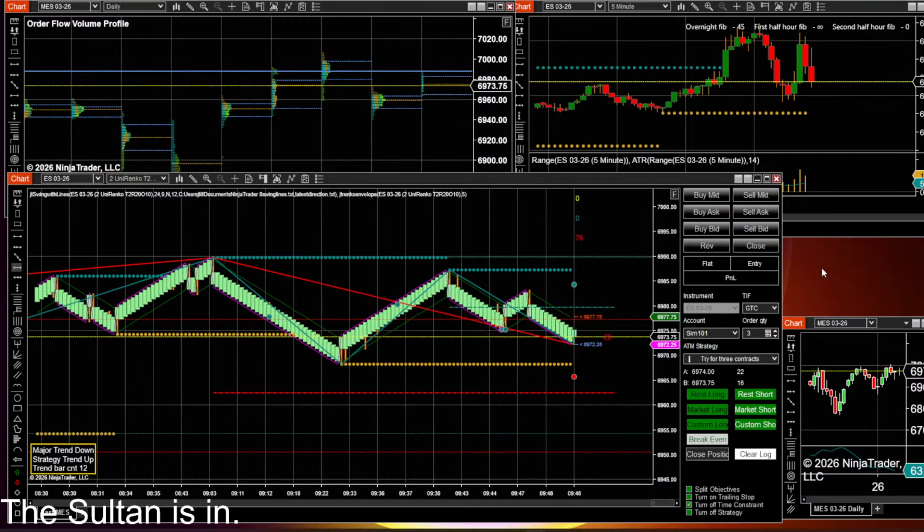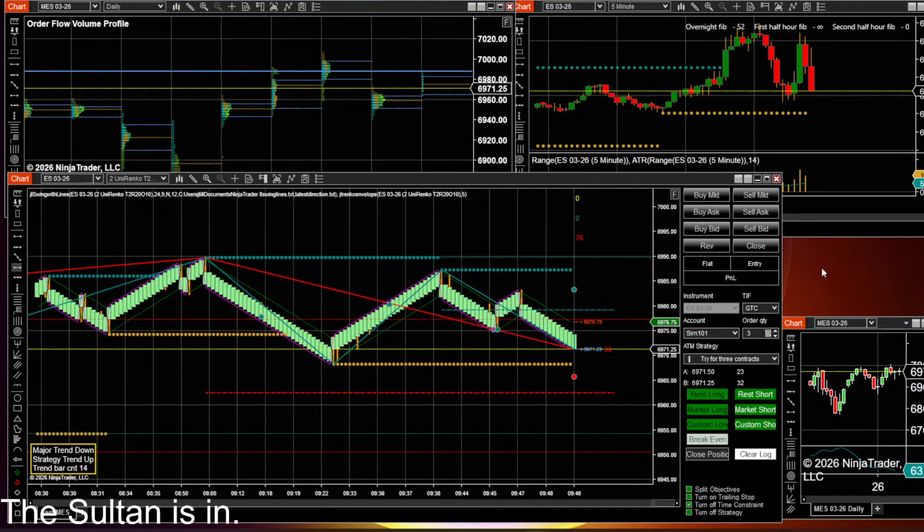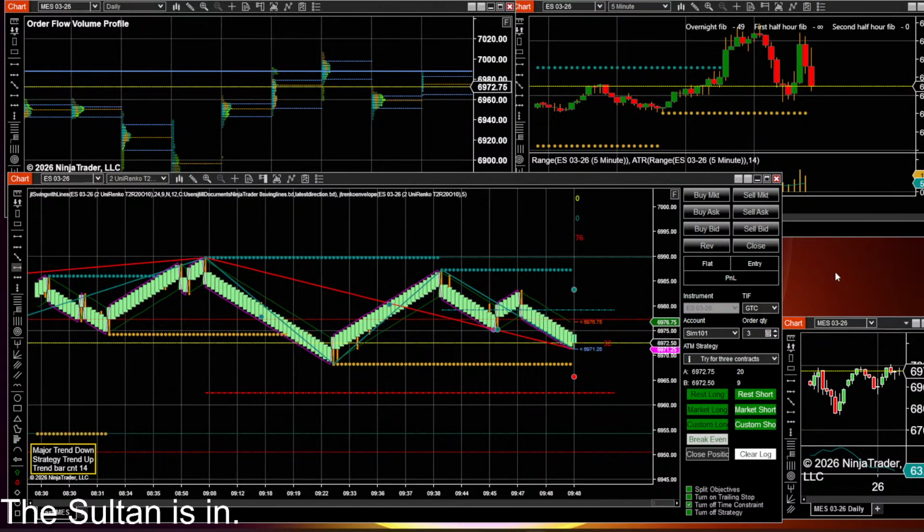Nice strong move down. If you're of a short mind, once again, the first pullback is always the best, and we have not had one yet. You will see a candle up here. I mean a wick. Sorry, wick.